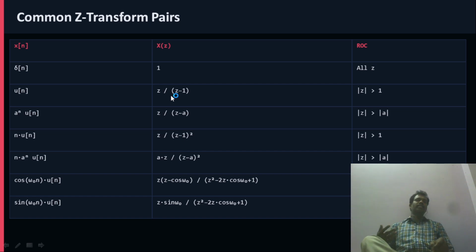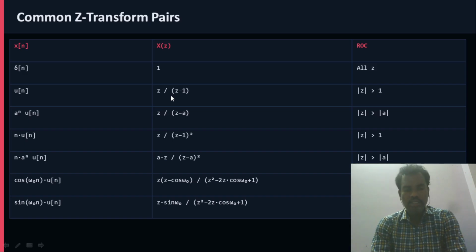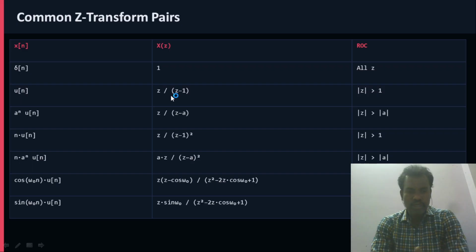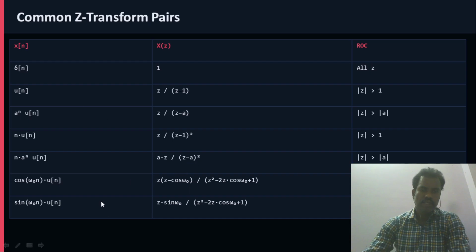Similarly, if you subtract e power j omega minus e power minus j omega, the cos term will get cancelled. So e power minus j omega can be calculated by using the a power n into u of n formula. If we simplify it, we finally get this. This is the transform.